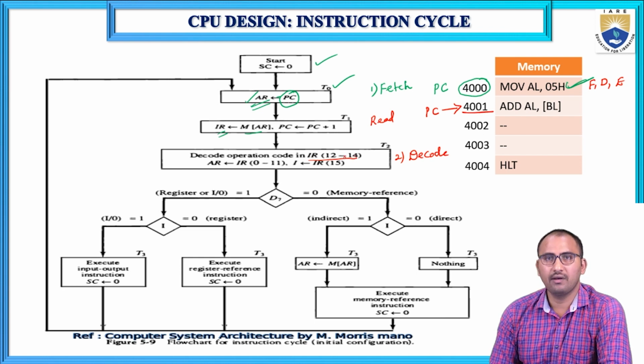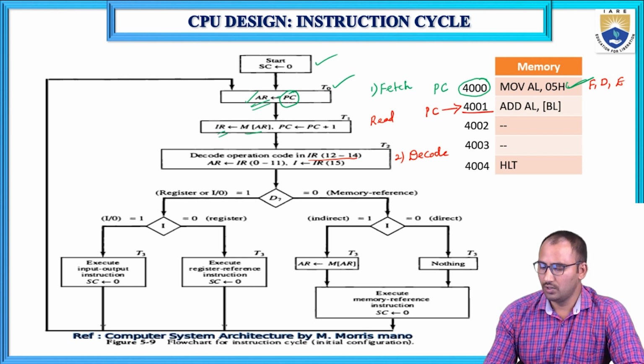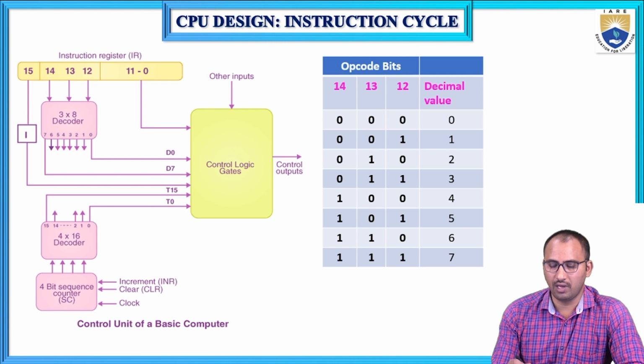Whenever the instruction is fetched from the memory, it will be placed in the instruction register. So let's see the instruction register format. The size of the instruction register is 16 bits, 0 to 15.